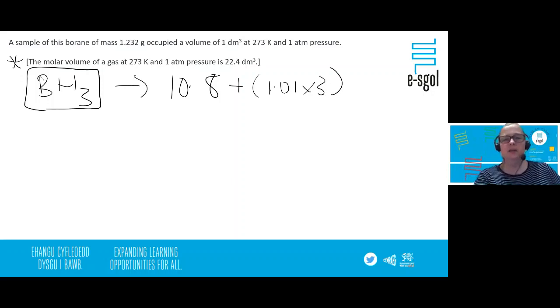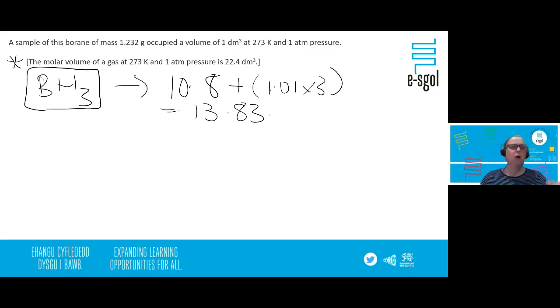I'm sure I don't need to be telling you this in year 13, but please be conscious of BODMAS on your calculators. So please use those brackets, otherwise things go a bit pear-shaped, shall we say, at times. So the mass of BH3 comes out to be 13.83. We will need that in a minute. Okay, so I'm going to come back to that in a minute. Don't forget to use it.